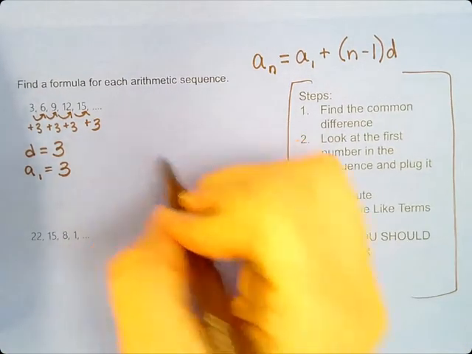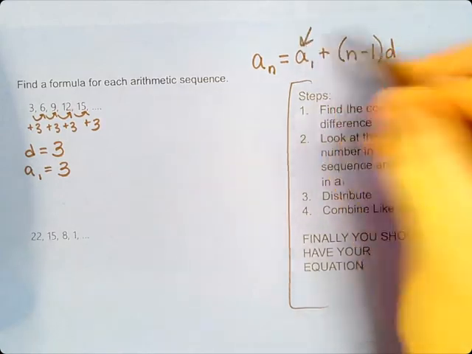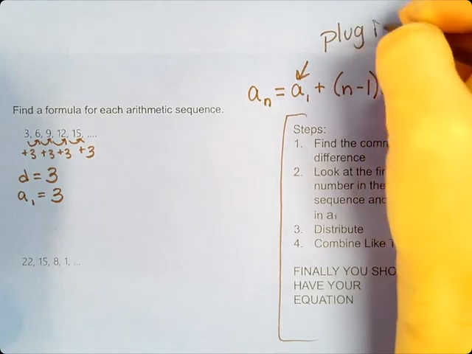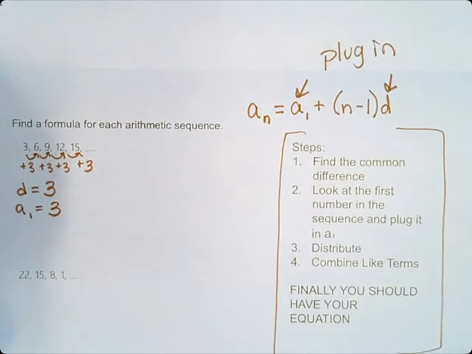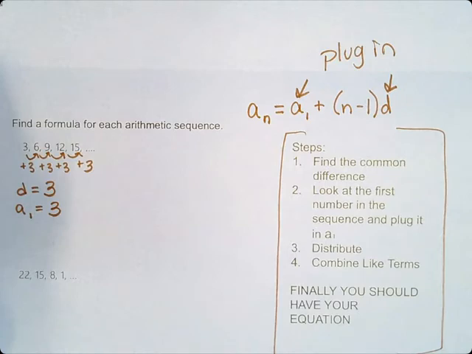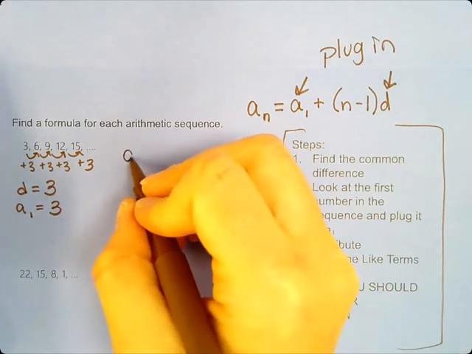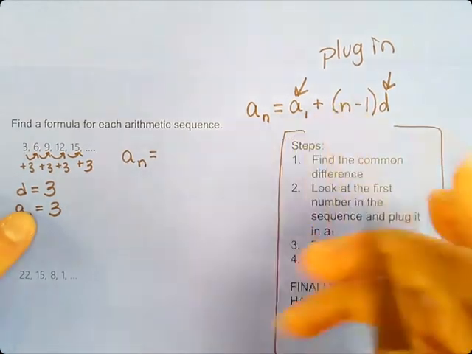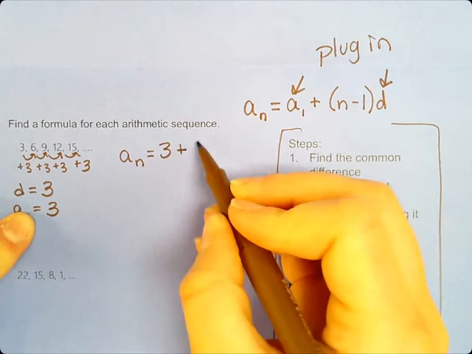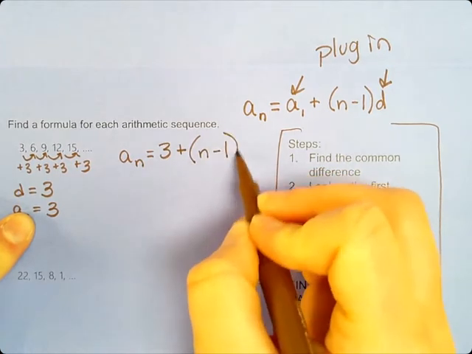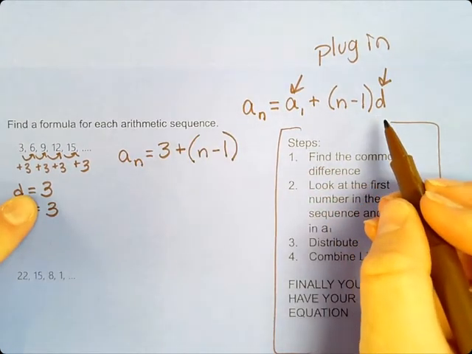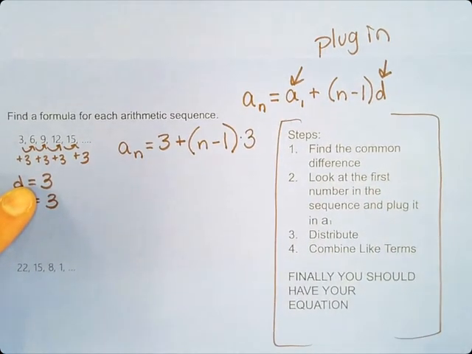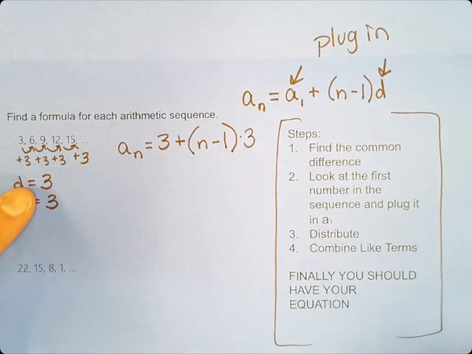So we're going to plug in a number for A1 and D. So AN equals A1 is 3 plus parentheses N minus 1 parentheses times D, so times 3. I'm just going to put a little dot, or you can put it in parentheses.